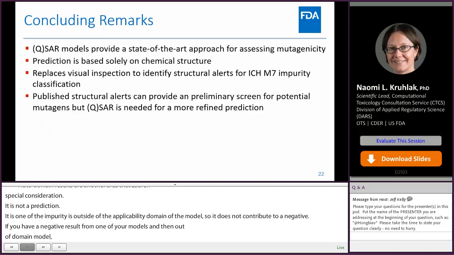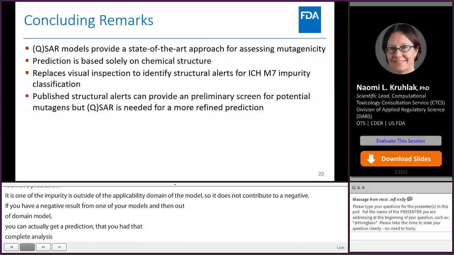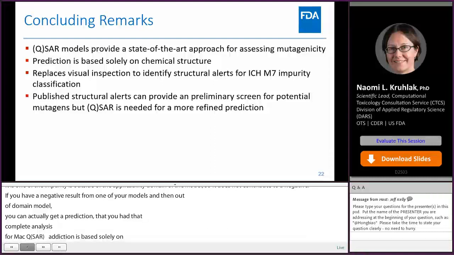So in conclusion, QSAR models provide a state-of-the-art approach for assessing mutagenicity. The prediction is based solely on chemical structure. It replaces visual inspection as a way to identify structural alerts for impurity classification. Published structural alerts can have value as a preliminary screen for potential mutagens, but QSAR is needed for a more refined prediction.